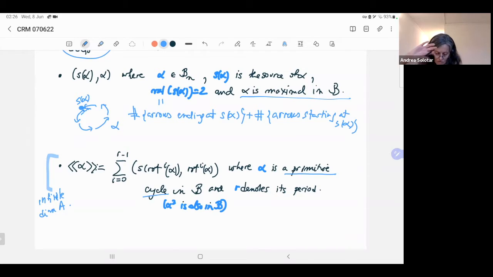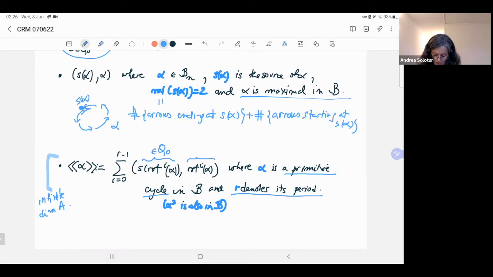And then we suppose that it has period r, and then you can rotate it in all the possible ways. And we are going to consider the source, which is in Q_0, for each rotation, and then the rotated cycle, which has some length, okay?